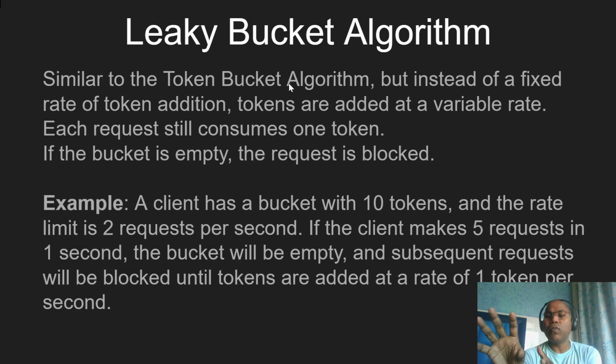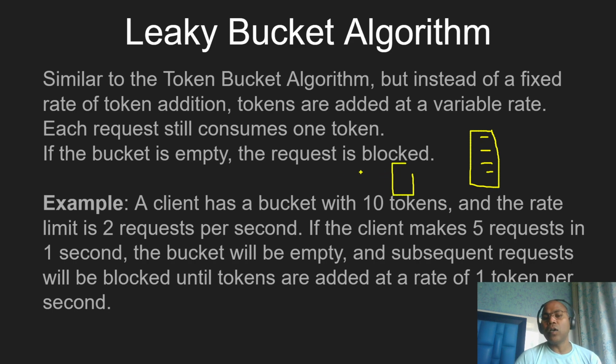Okay, so here the only difference is about the tokens. We have a fixed number of tokens for a day, and as per the rate, like 2 requests per second, 2 tokens are added and 2 requests are allowed. Let's take an example. Here we have 10 tokens available for a day, and the rate is 2 requests.